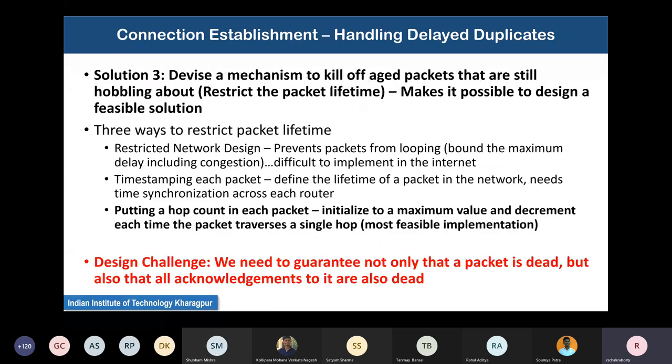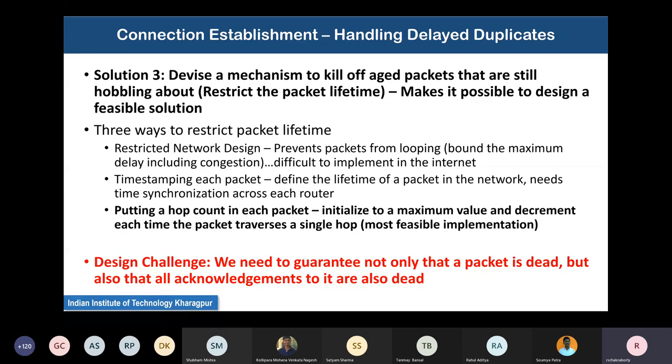But now there are so many problems. How will you restrict packet lifetime? First of all, you can do a restricted network design. You can prevent packets from looping, binding the maximum delay during network congestion. Network congestion can happen when suddenly the delivery time increases.